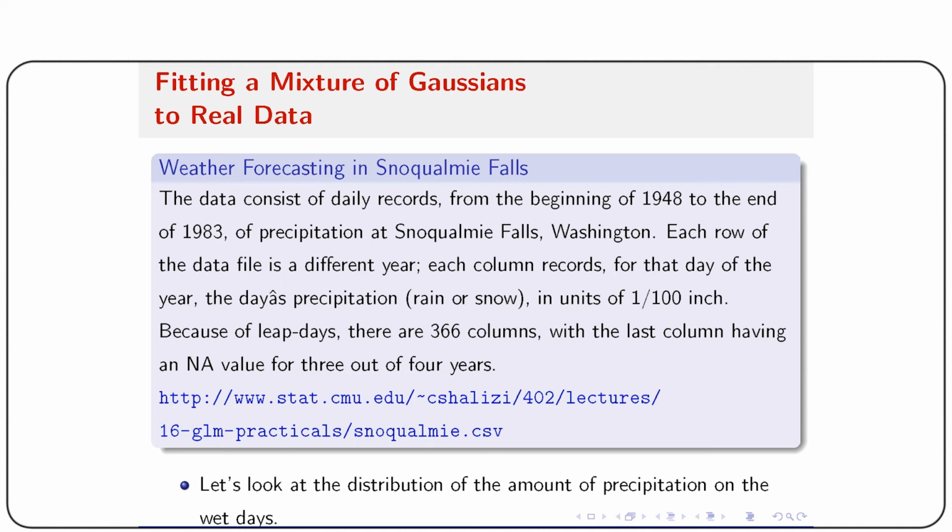Each column records that day of the year, and the value is the precipitation in units of 1/100 inch. Because of leap years, there are 366 columns, with the last column having not available values for 3 out of 4 years. The data can be downloaded from this link, and let's look at the distribution of the amount of precipitation on the wet days.